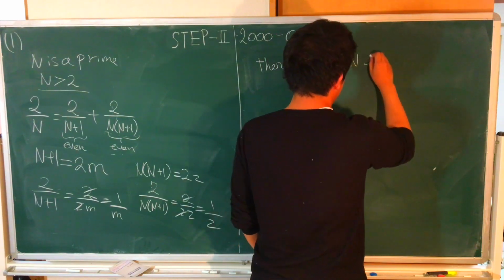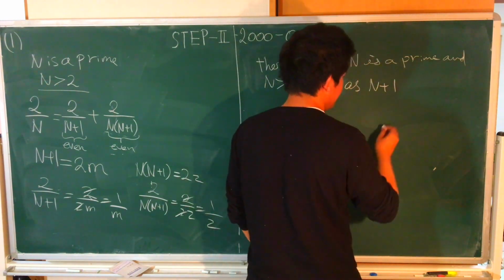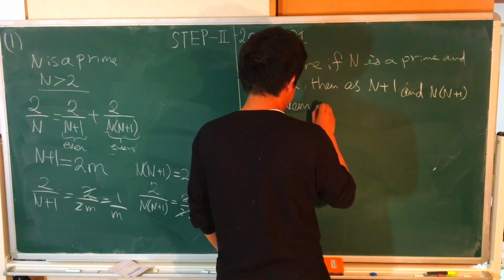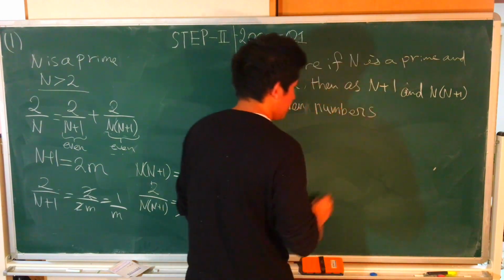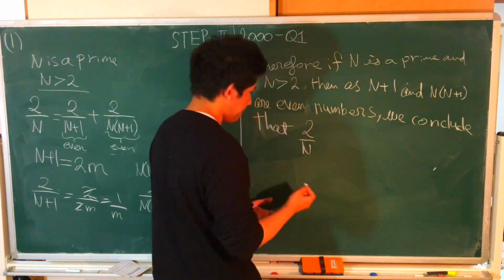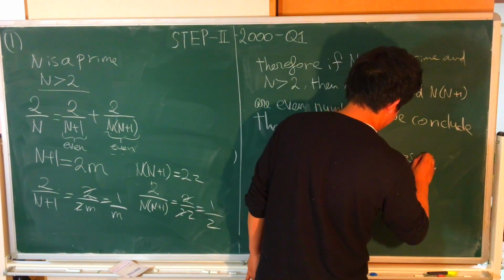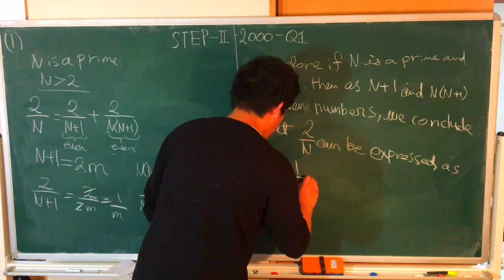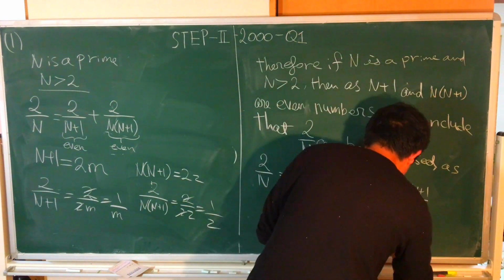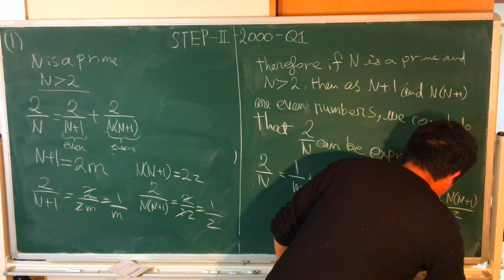if n is a prime and n is larger than 2, then n plus 1 and n times n plus 1 are even numbers, we conclude that 2 by n can be expressed as 2 by n equals 1 by m plus 1 by z, where m equals n plus 1 by 2, which is not equal to n times n plus 1 by 2, and z equals n times n plus 1 by 2, which is not equal to n plus 1 by 2.